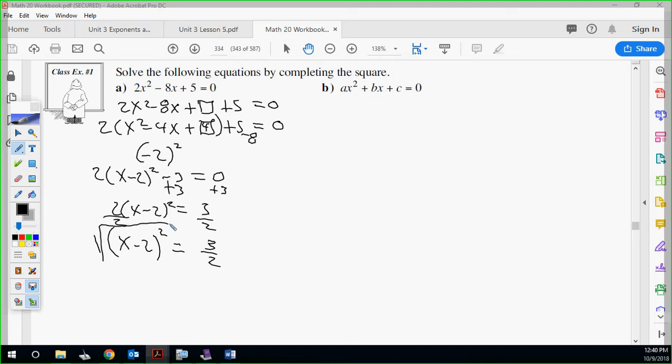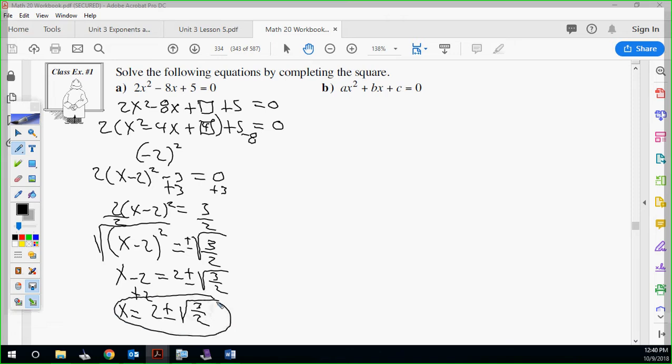Square root both sides, yep. Remember, when you square root, it's plus or minus. And add the 2. There it is. X equals 2 plus or minus root 3 over 2.